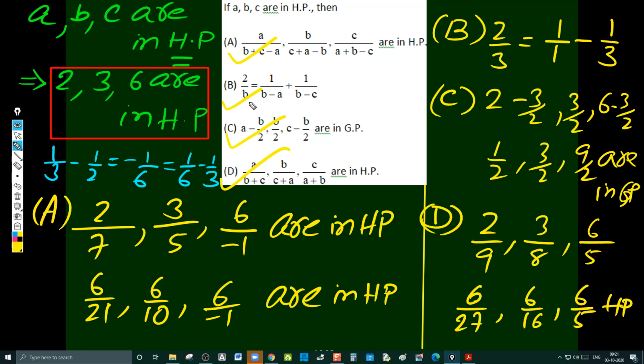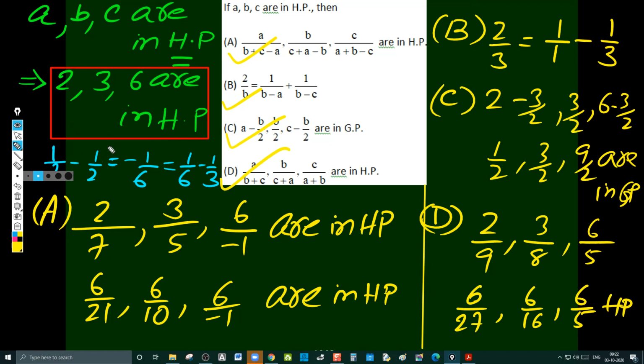Even if you add, subtract, multiply or divide by a non-zero constant, an AP series remains an AP only. Based on those properties, you have to derive this, or otherwise taking numerically will be more comfortable. That's what I have shown.